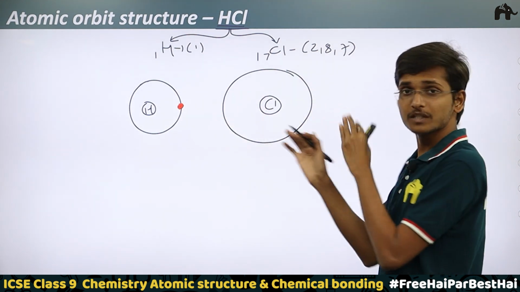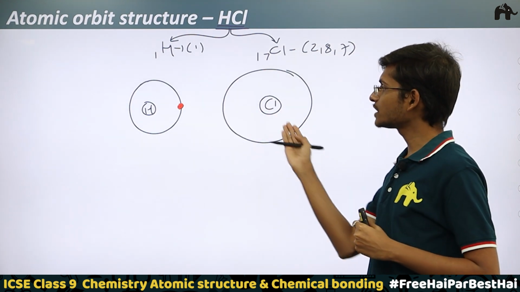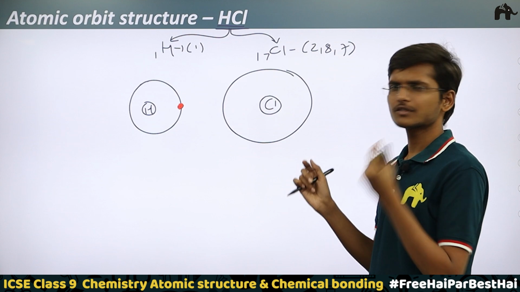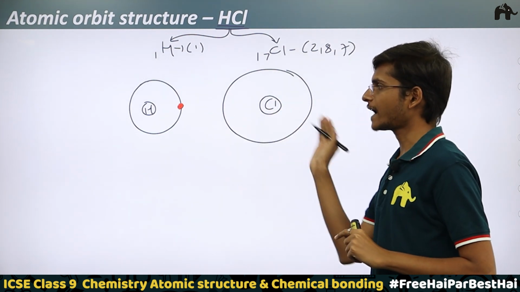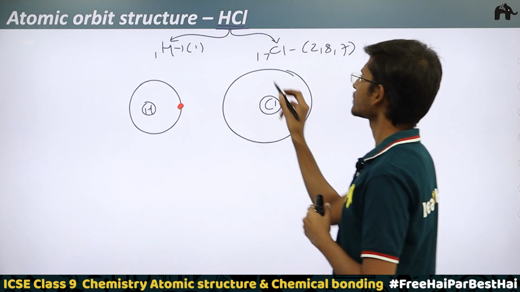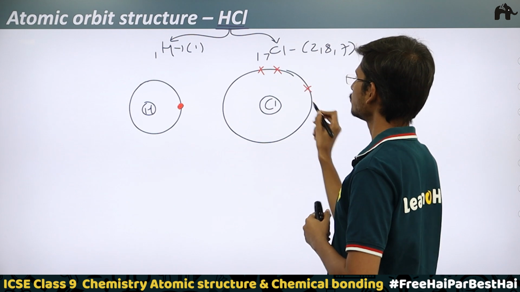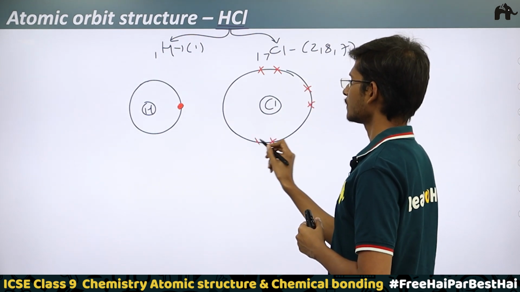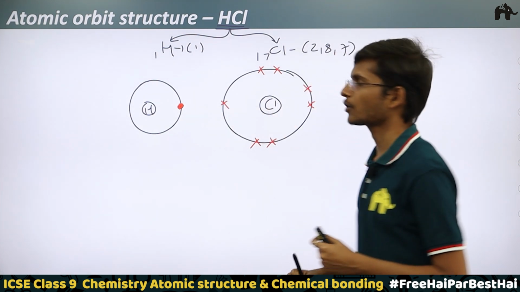So in order to distinguish which electron is of hydrogen and which electron is of chlorine, we are doing this simple small thing: depicting the electrons of atoms of different elements with different symbols. So 7 electrons, 2, 3, 4, 5, 6, and this is the 7th electron.